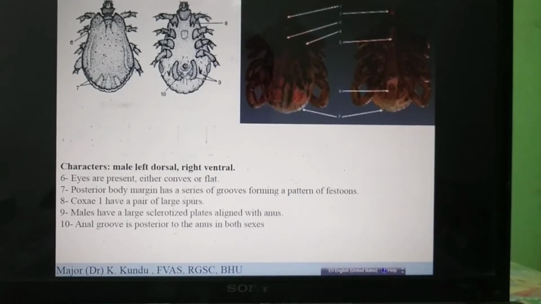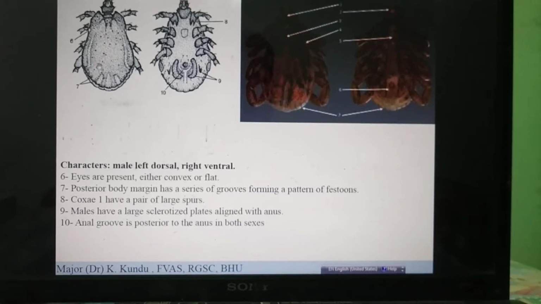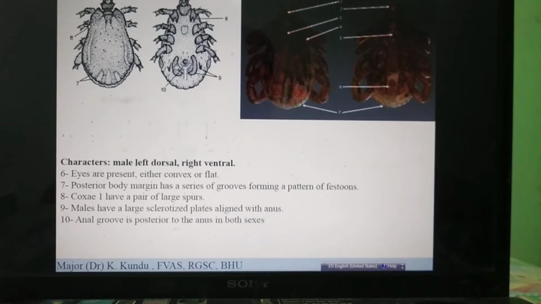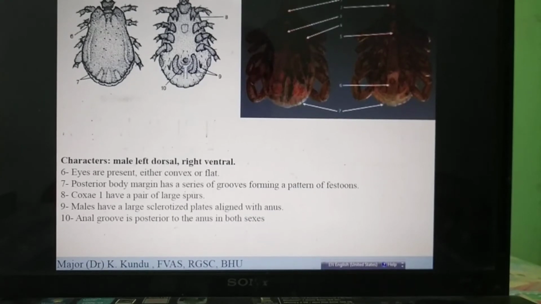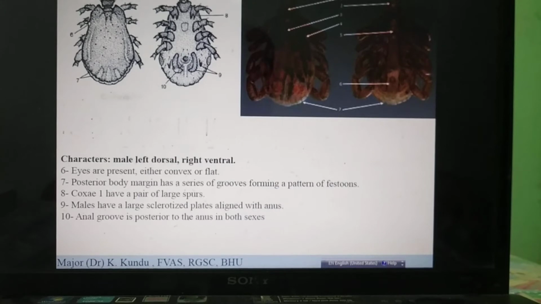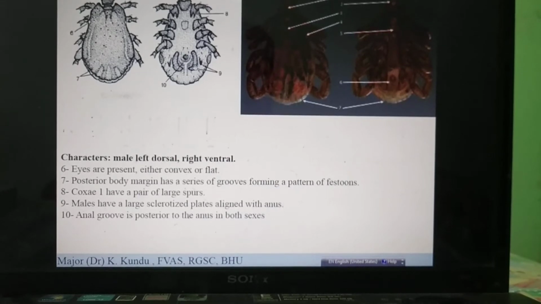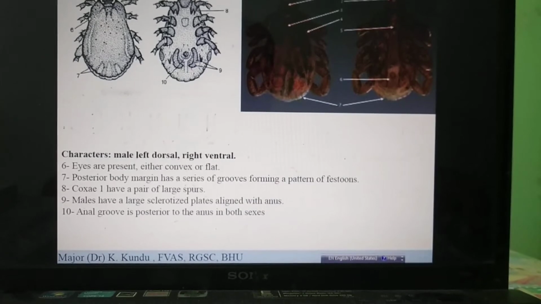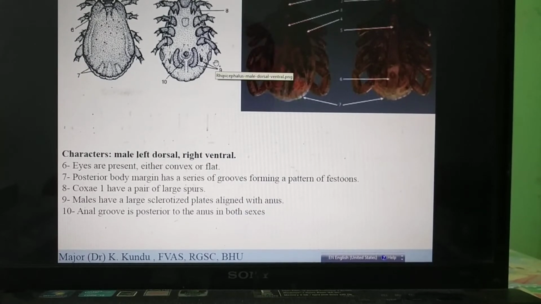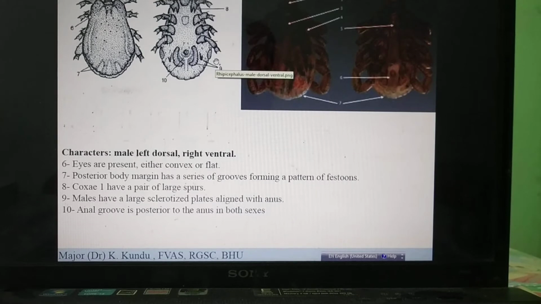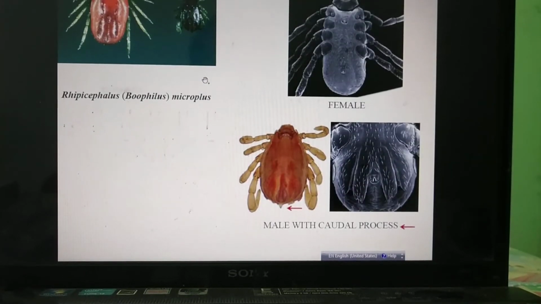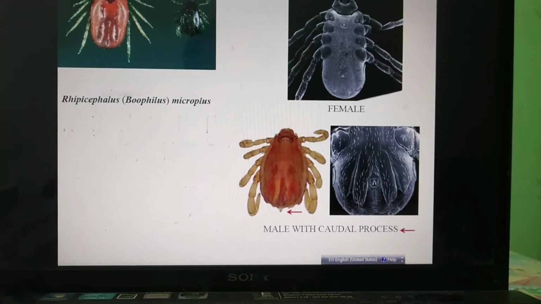Just posterior to the anal opening you see the anal groove. There is a posterior anal groove. Now on either side of the anal opening or the anus are the adanal shields. And just lateral to the adanal shields are the accessory adanal shields. Now this is about Rhipicephalus microplus. So what additional thing we find in Rhipicephalus microplus?